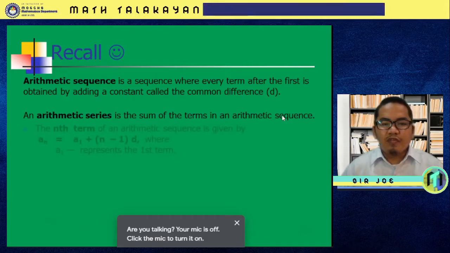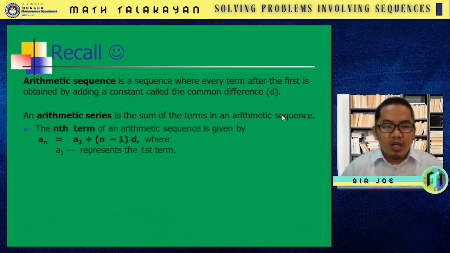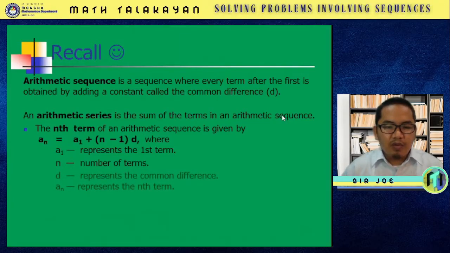The nth term of an arithmetic sequence is given by a sub n is equal to a sub 1 plus the quantity of n minus 1 times d, where a sub 1 represents the first term, n is the number of terms, d represents the common difference, and a sub n represents the nth term.